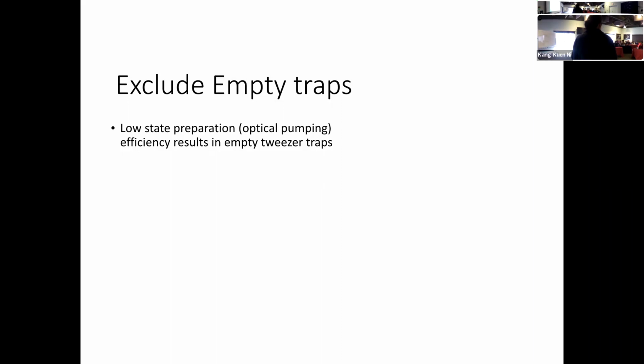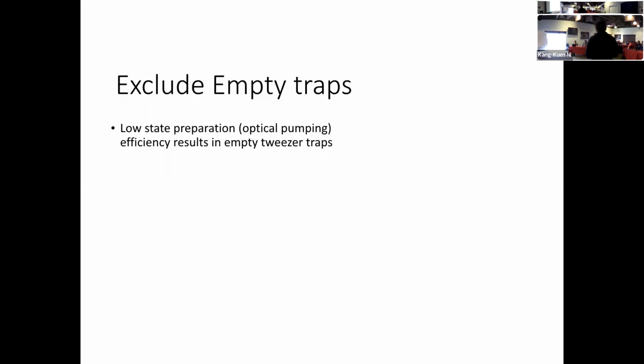This is the kind of thing that we do a lot in optical tweezers. If you have a way to detect in many stages, loading, for example, is one of them, and then state preparation. If you have a way to really detect whether you have successfully prepared the state that you want, then you keep that data, and otherwise you discard the shots where you didn't prepare correctly.